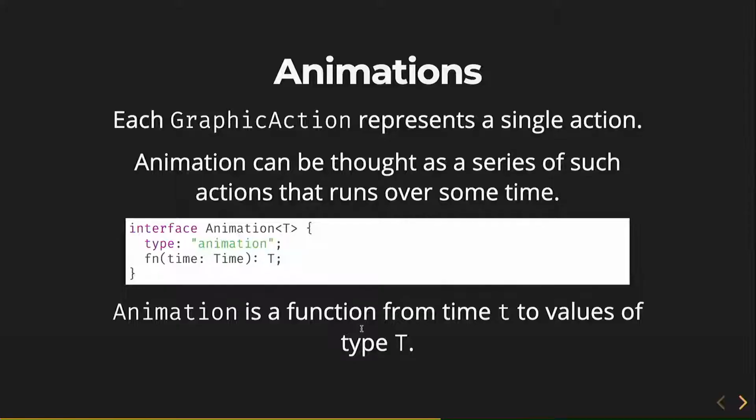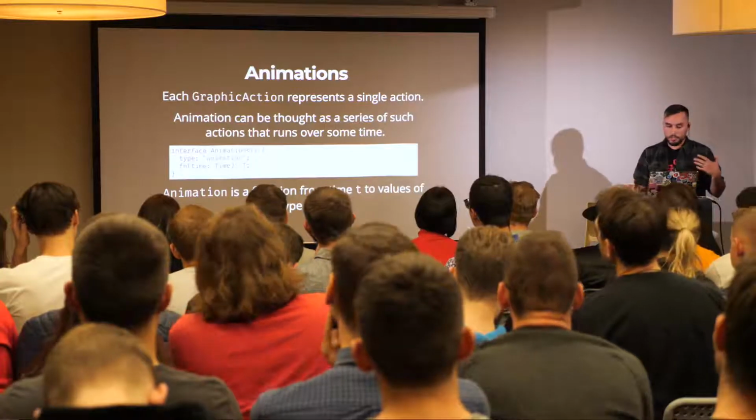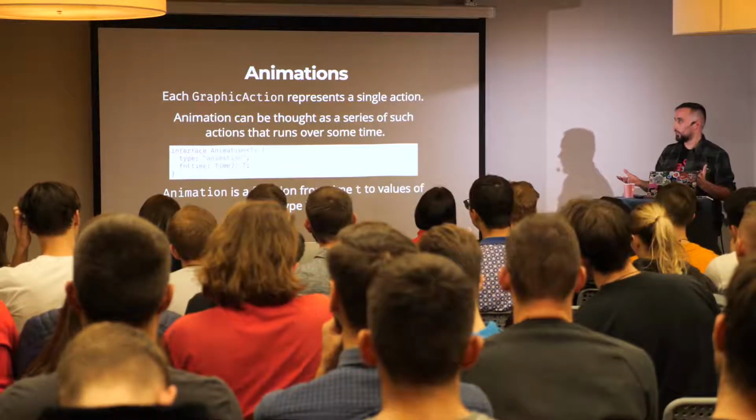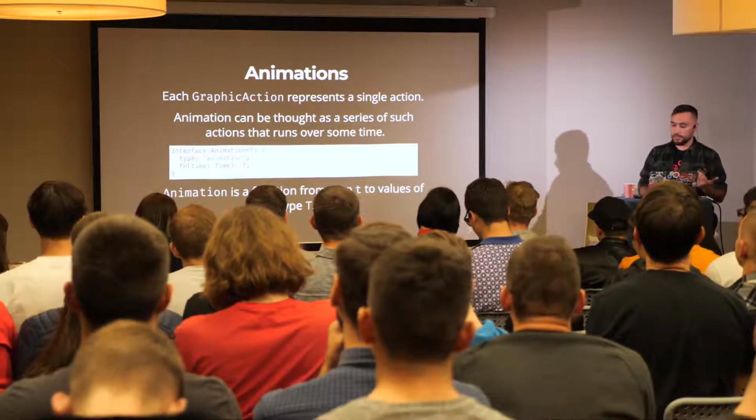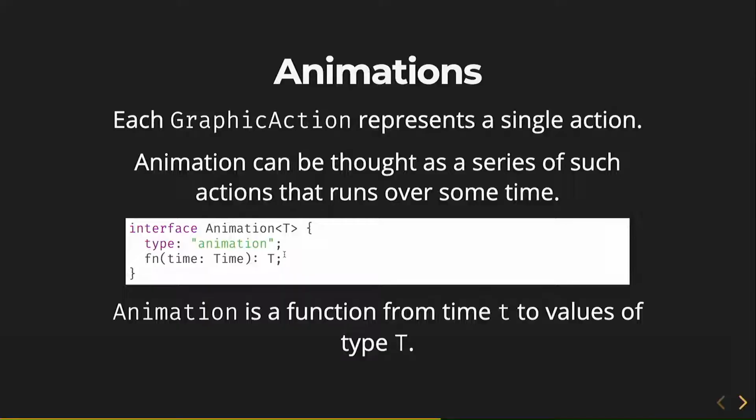So, animations. How can we define an animation? We can think a little bit about what the essence of animation might be, and in terms of graphic actions, it's just a series of graphic actions which happens over some time. So basically it's just a function which gets the time and returns the graphic action type, for example.